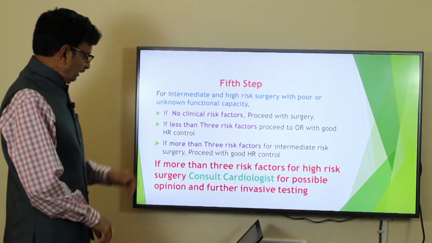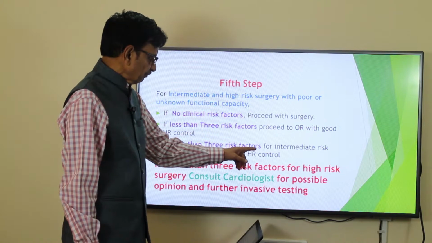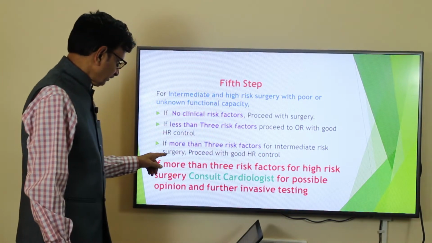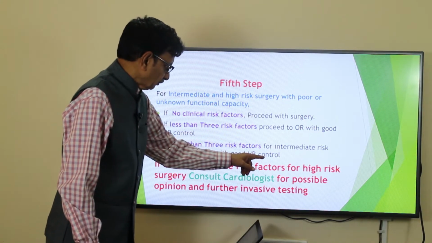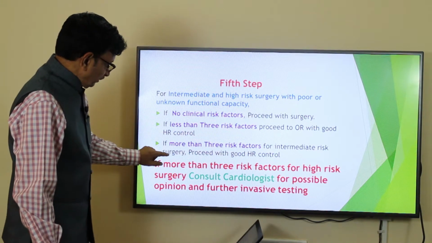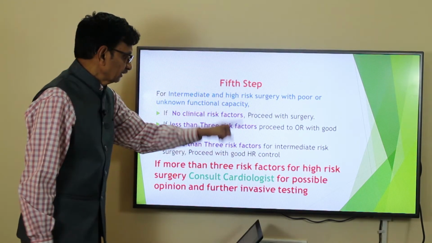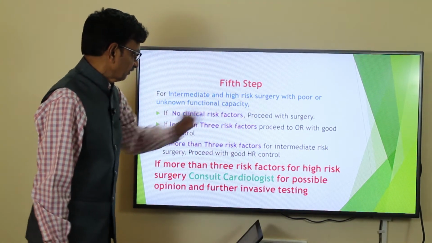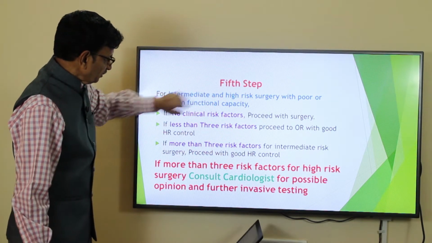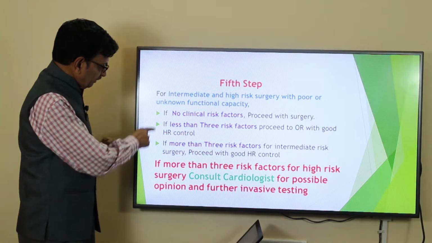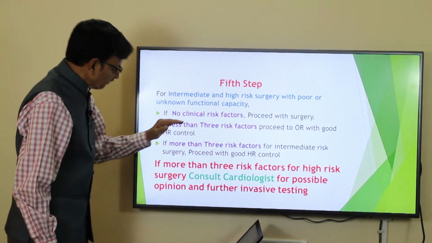Okay. If, however, there are more than 3 clinical risk factors present and surgery is intermediate risk surgery, then you proceed with good heart rate control. Mind you, this is more than 3 risk factors, but only intermediate risk surgery and not high risk surgery. For intermediate and high risk surgery with unknown functional capacity, the idea is you should have either no clinical risk factors or less than 3.